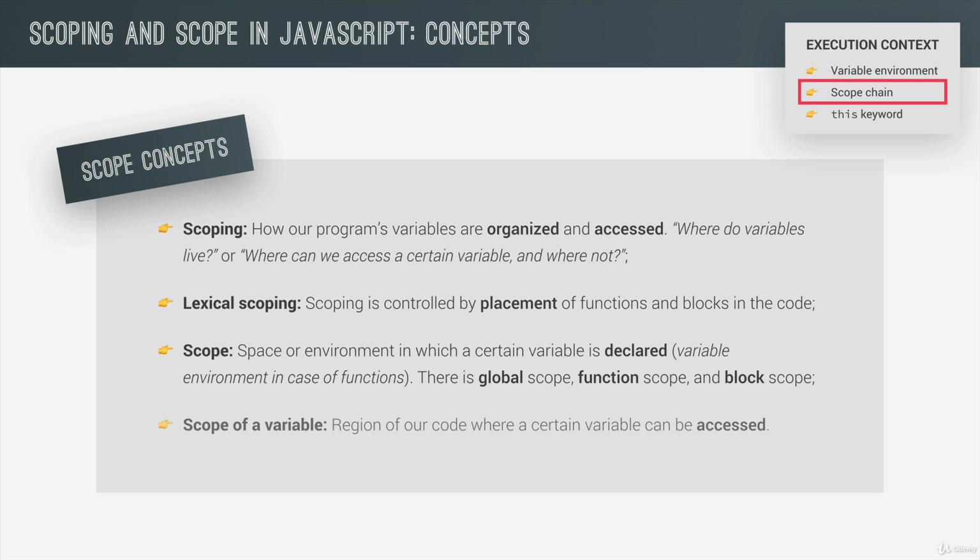So the scope of a variable is basically the entire region of our code where a certain variable can be accessed. Now, some people use the word scope for all of this, but I like to define all these concepts that we have here in a clear way because there are actually subtle differences.